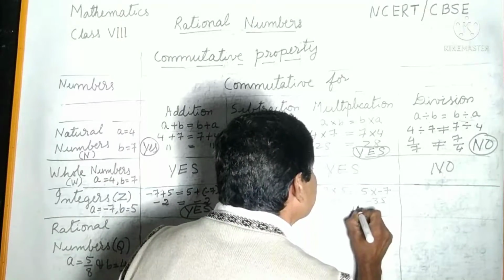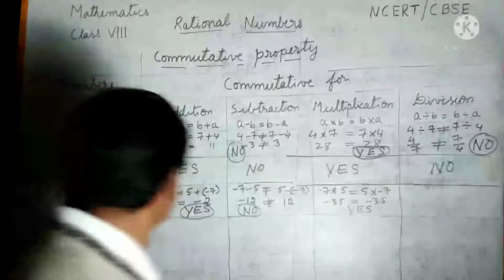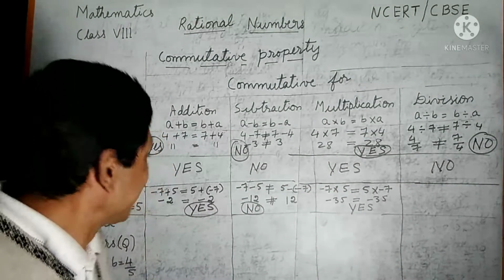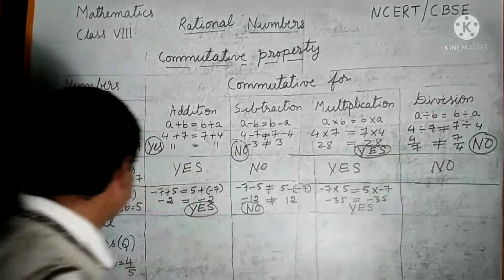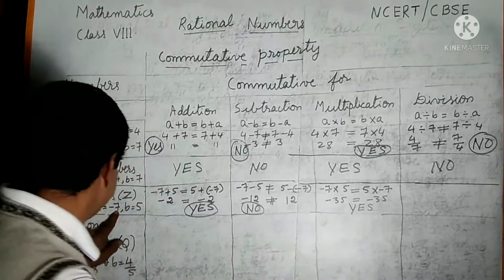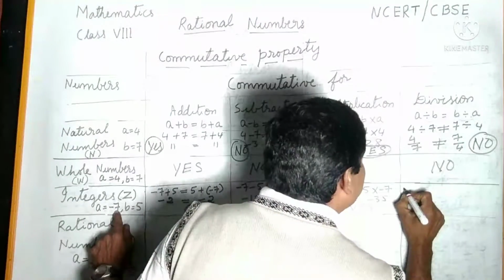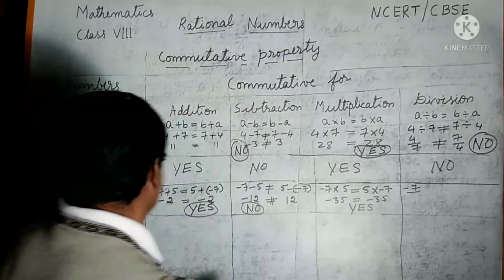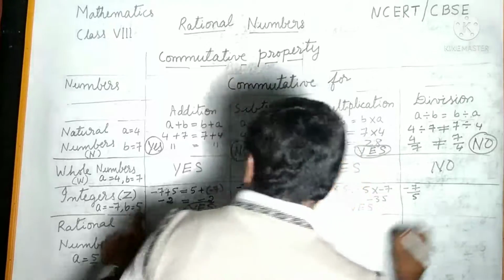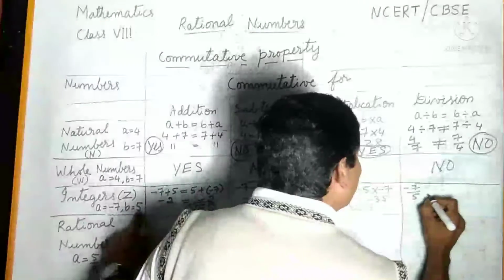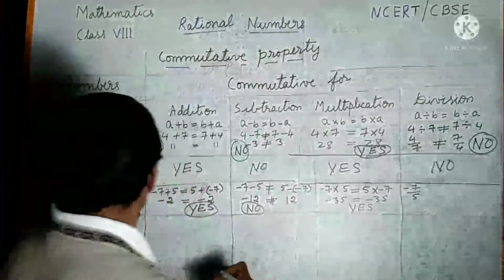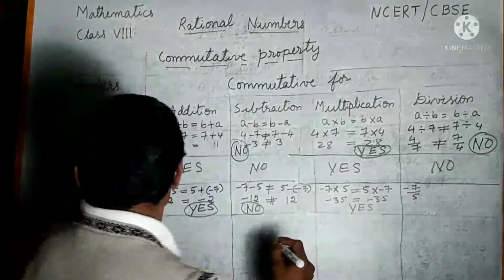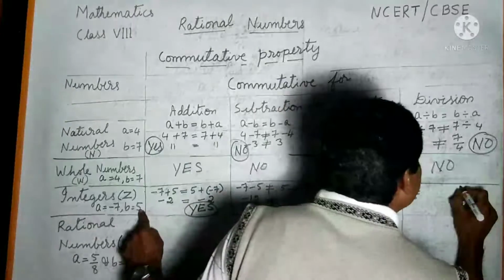Yes. That means for integers a and b, multiplication is commutative. Next, let us check for division. A divided by b, that means minus 7 divided by 5. This is equal to b by a, which is 5 by minus 7.